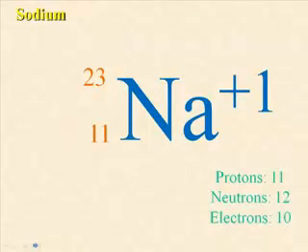Alright, here is an isotope of sodium that is also an ion, and so it is sodium because it has 11 protons. Its mass number is 23, so 23 minus 11, it has 12 neutrons. And then because it has a +1 charge, that means it has one more proton than it does electrons. So it has a charge of +1, it has 10 electrons.